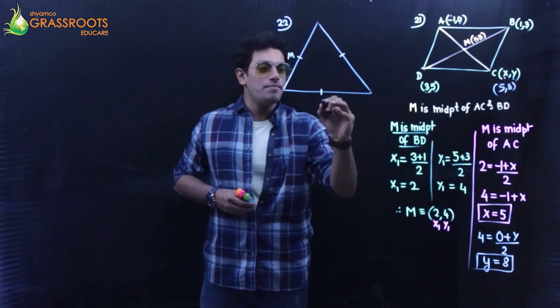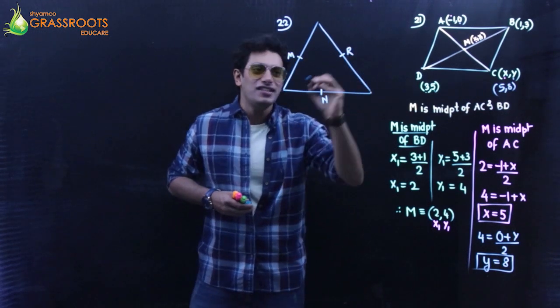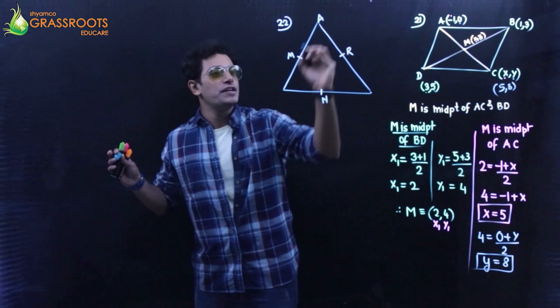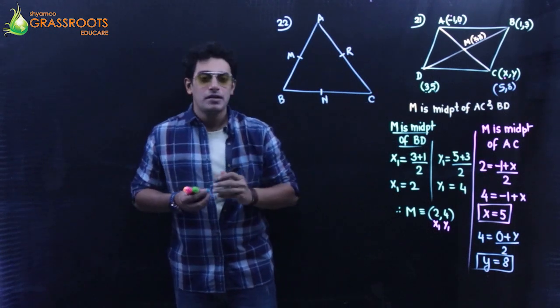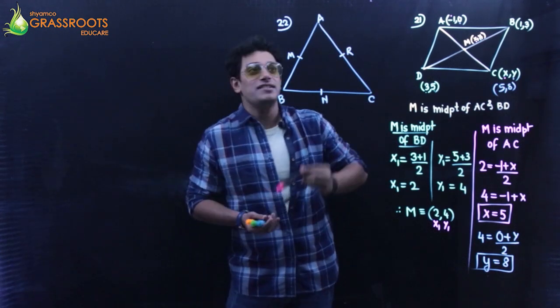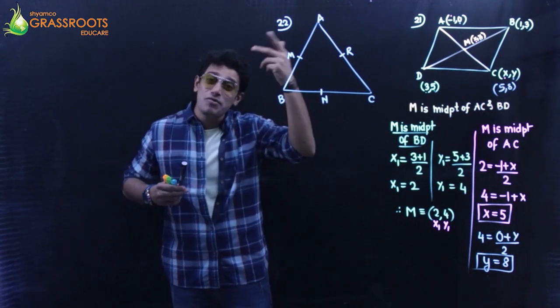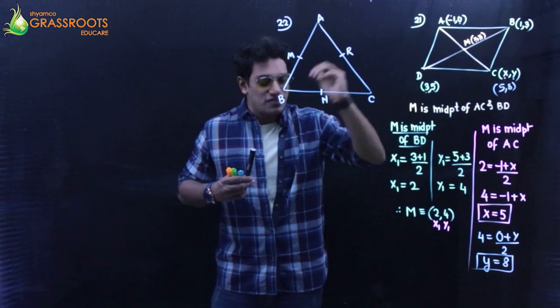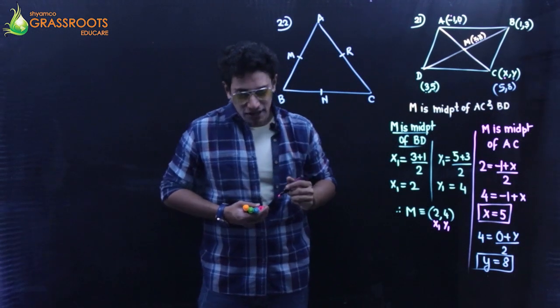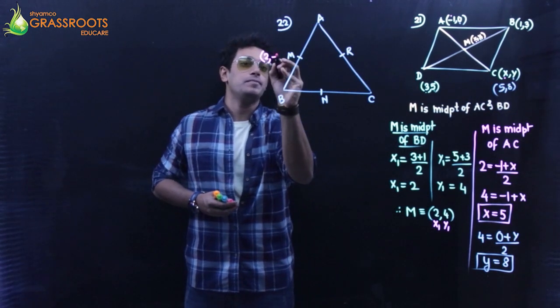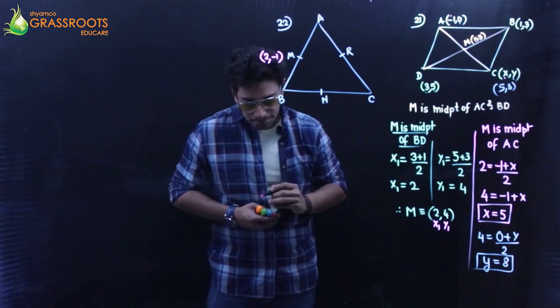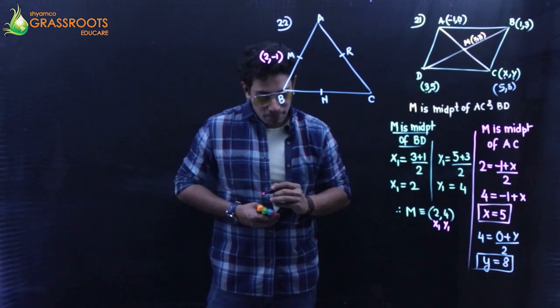Let's say M, N and R. These are the midpoints of A, B and C. Usually what occurs is A, B, C is given. Find M, N and R. It's the reverse pattern. Midpoints are given. The midpoints are 2, minus 1, minus 1, 4 and minus 2, 2.